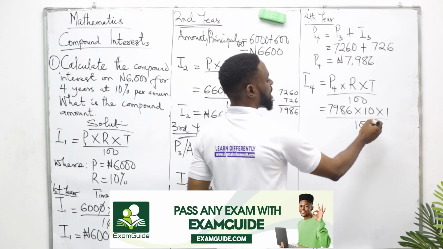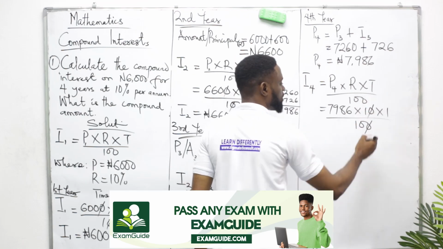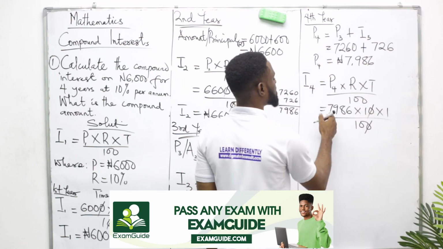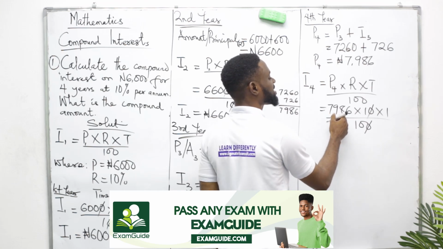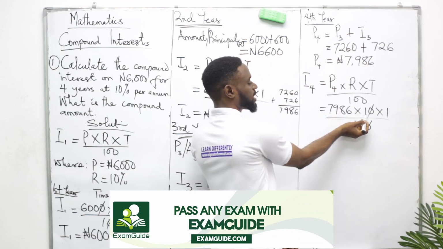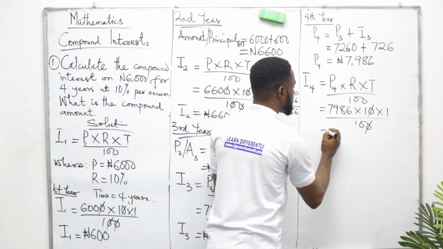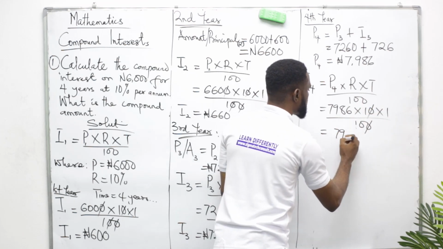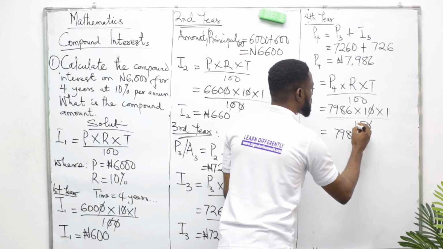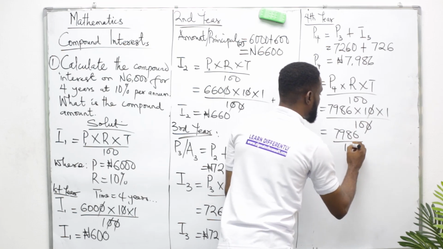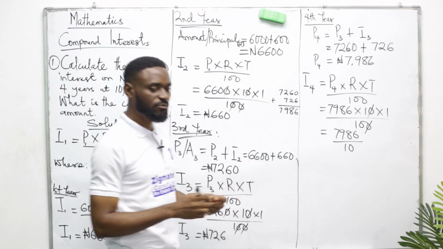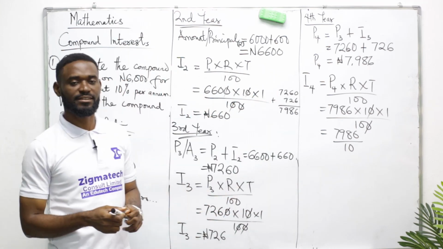So 7,986 multiplied by 1 is 7,986, multiplied by 1 again is 7,986. So we are having 7,986 divided by 10.